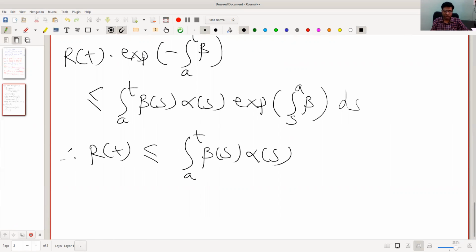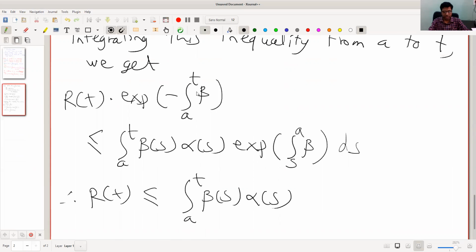We are multiplying by e raised to this thing, and this is free from s, so we can write this anywhere on the right hand side. If we take it inside the integral symbol, it will not cause any problem. Here is e raised to integral from s to a beta, so we should multiply by e raised to plus integral a to t beta.